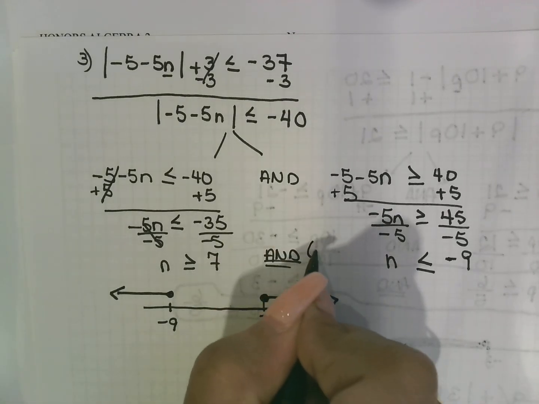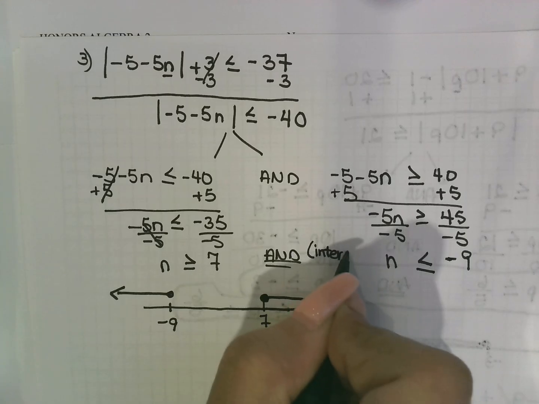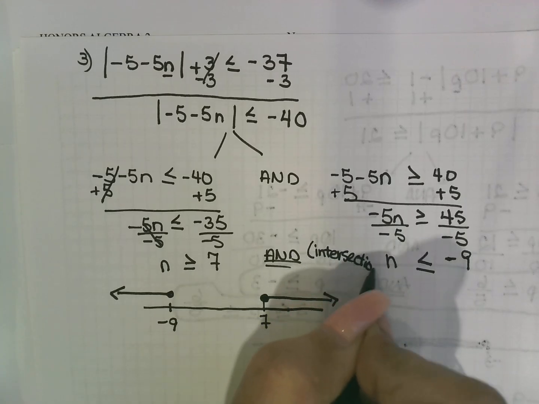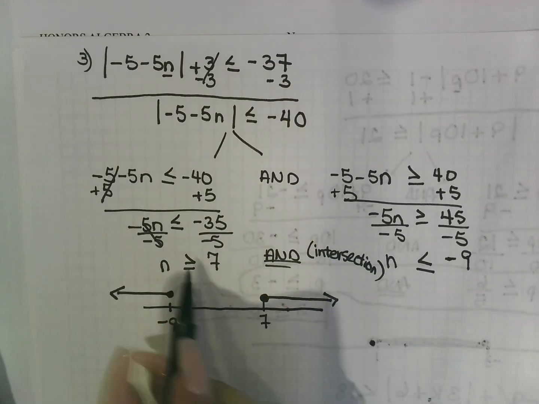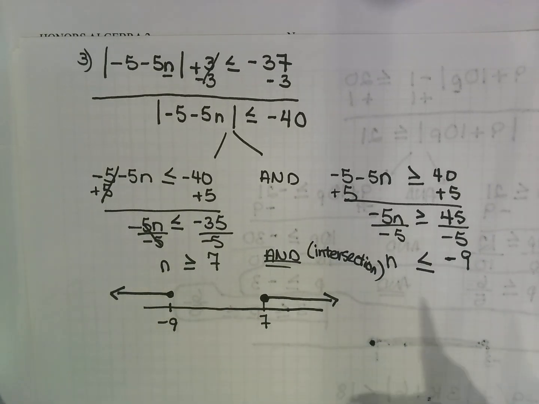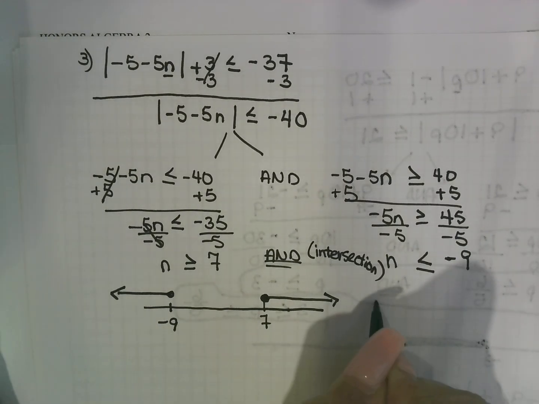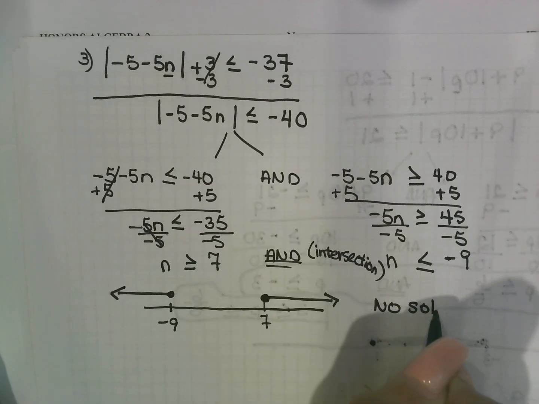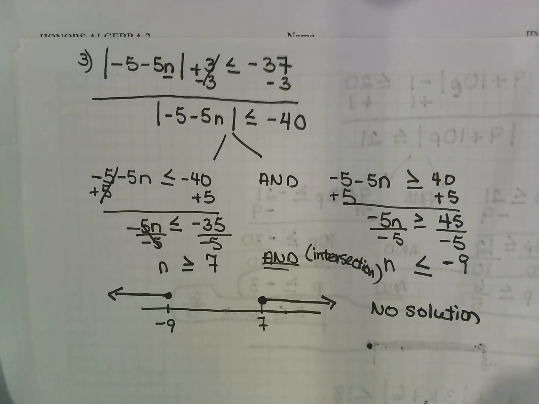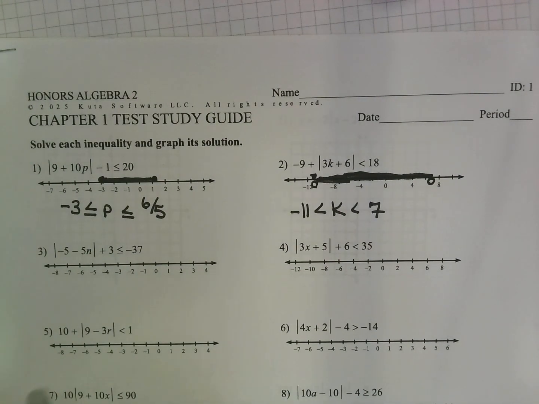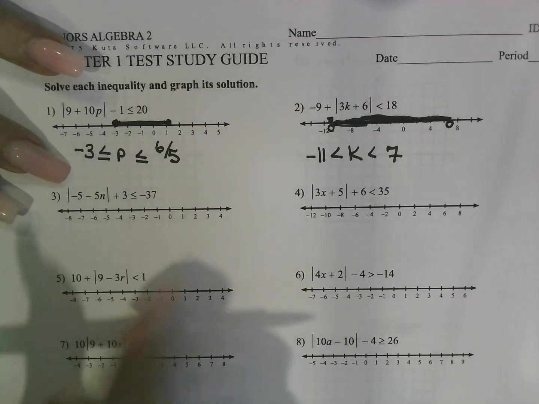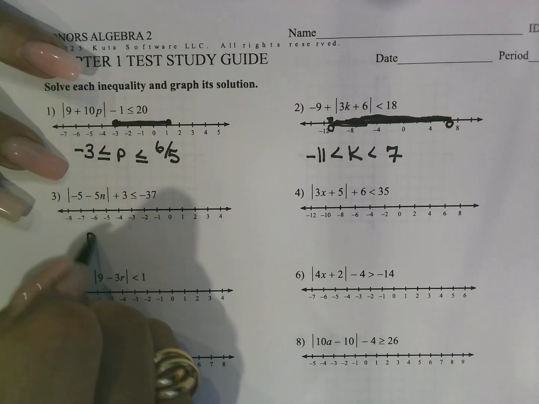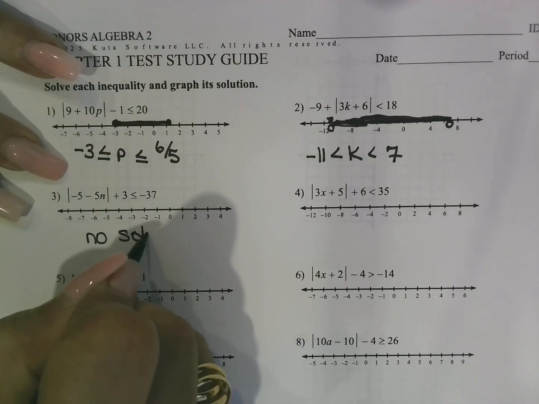And remember, AND is an intersection, where OR is a union. You put everything together. So these two guys do not intersect, so your answer is no solution. And then you would go back over here and there would be nothing here, and the only thing would be no solution.